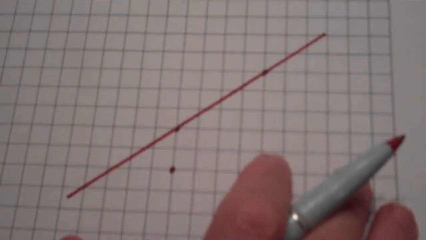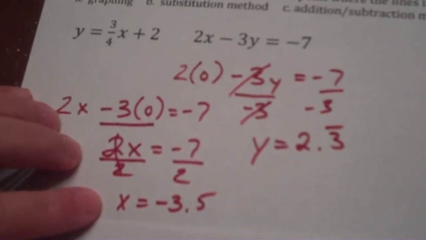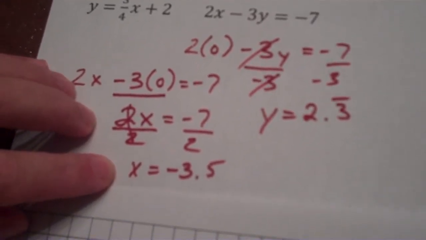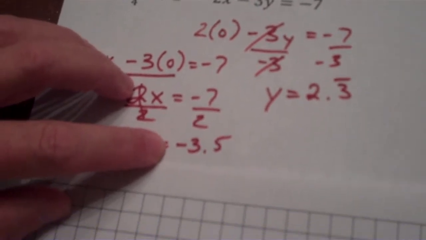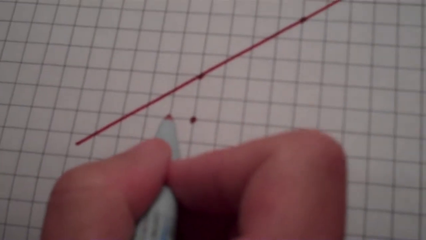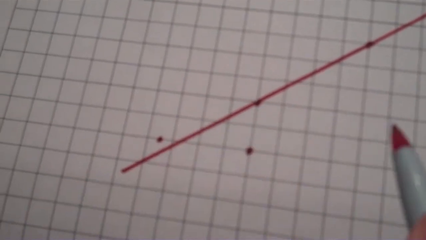Now let's take a look at those points that I got for my x and y intercept. Remember, I know that it crosses the y-axis, or excuse me, x-axis when y equals 0 at x equals negative 3.5. Now, that's a little more difficult because it is a decimal, but that would approximately be at 1, 2, 3, and let's say a half right there.